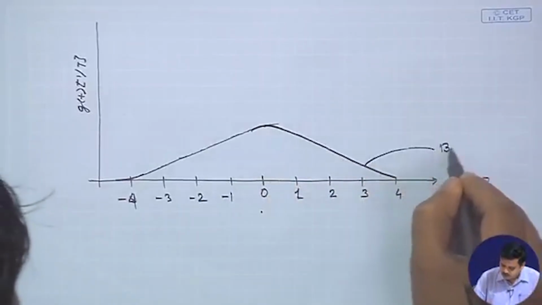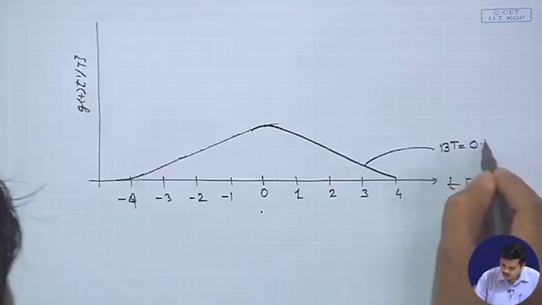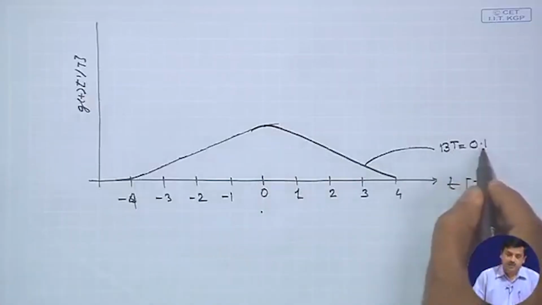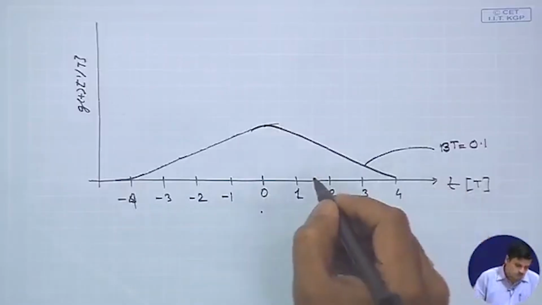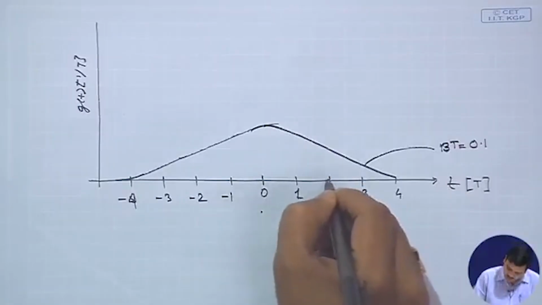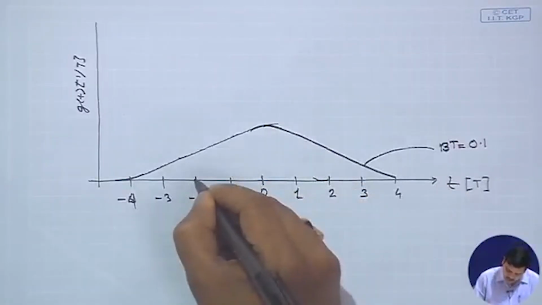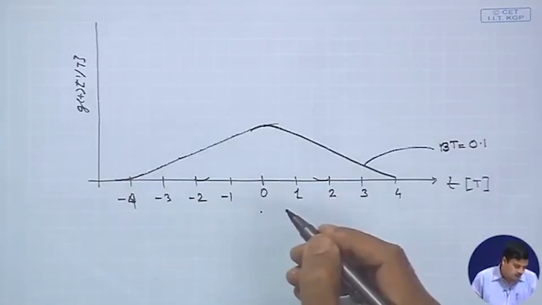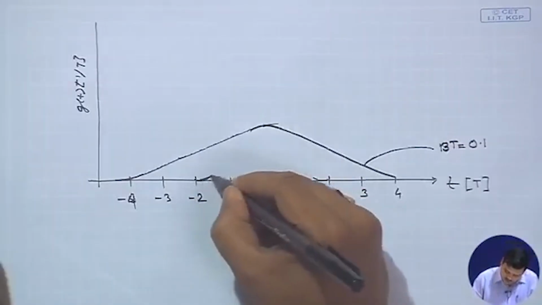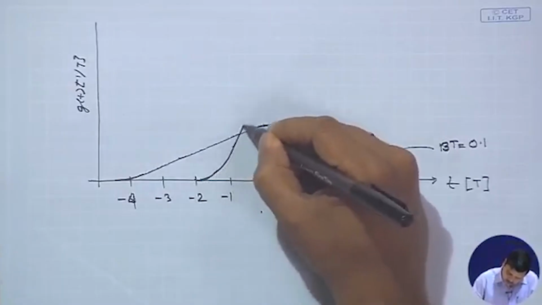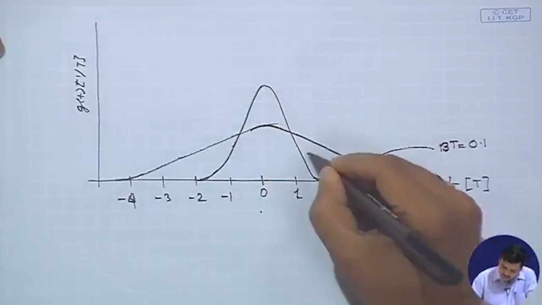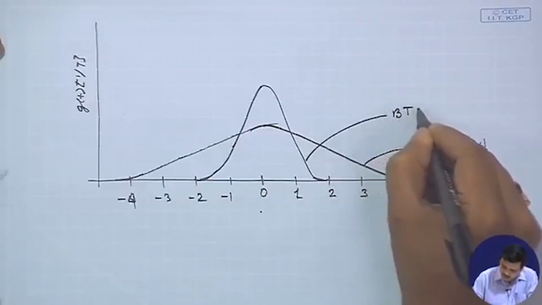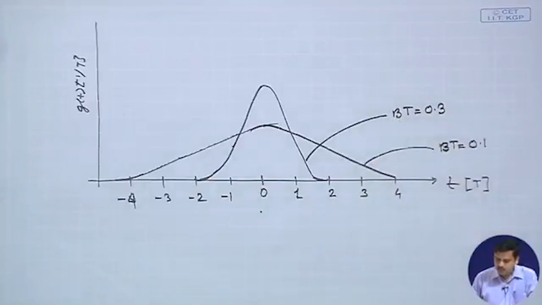this kind of a pulse shape when BT, the product of B and T, is equal to 0.1, whereas when we have BT equal to 0.3, we are going to have a pulse shape which would go like this, and you could almost draw it in this form. This one would be BT equals 0.3.